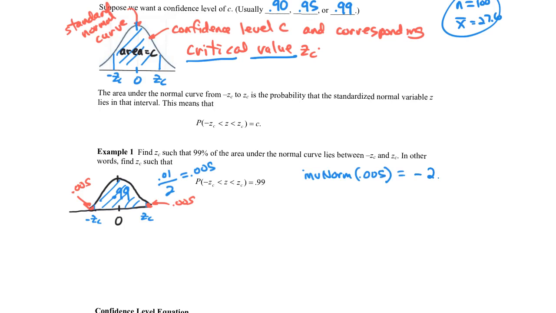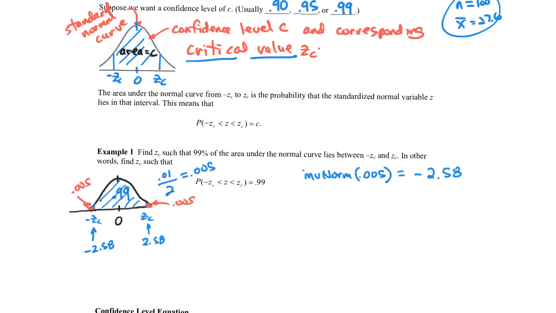Negative 2.58. Which means that this is going to be positive 2.58, because of the symmetry. But if you wanted to verify, you could go all the way to that one just by adding all this up. So if you do inverse norm 0.995, you'll get this z-score over here, which would be a positive 2.58. So this is one way to do this.